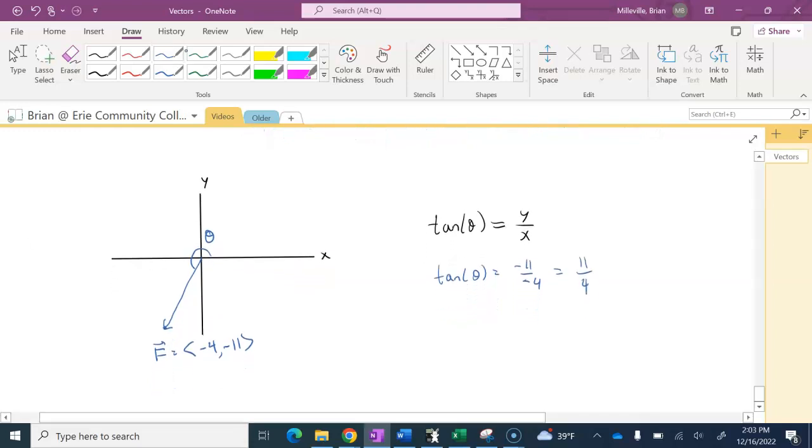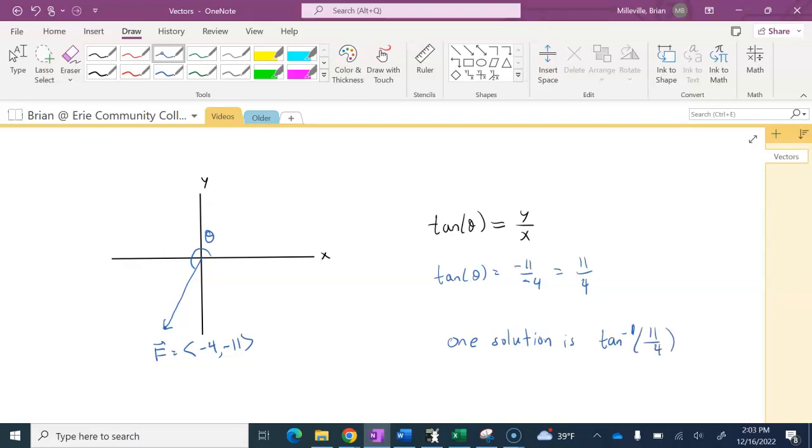All right, this trig equation has infinitely many solutions. One solution would be found, and I'm not even going to call that one theta because it's not the one we're looking for, but one solution is inverse tangent of 11 over 4.